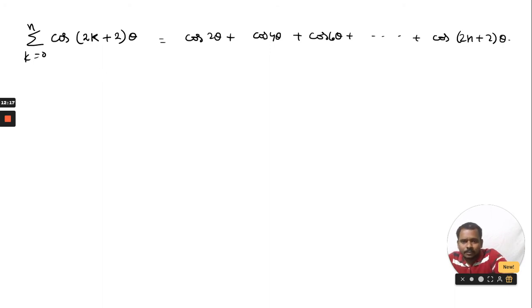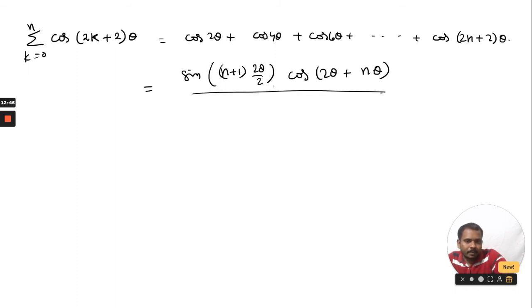So it is also similar to the summation, that is, the sum of all these terms can be written as sin of (n plus 1) into 2 theta by 2, into cos of (2 theta plus n theta) divided by sin 2 theta by 2, or it can be written as sin theta.